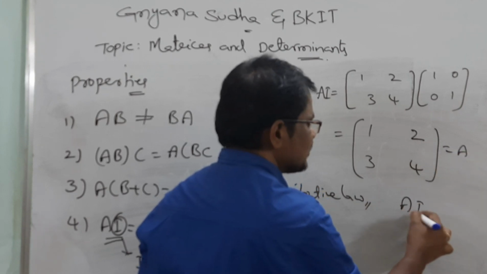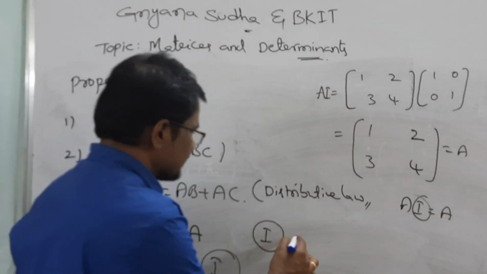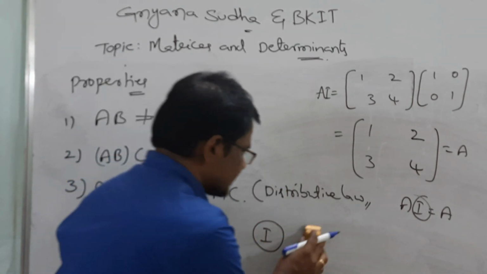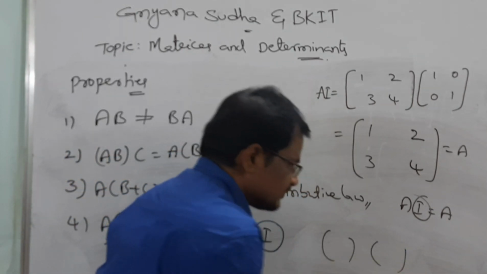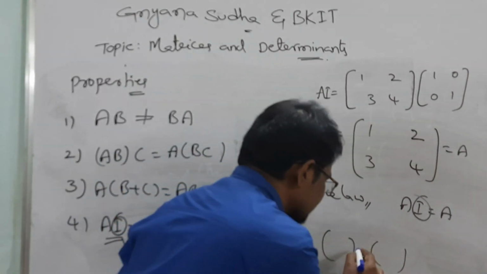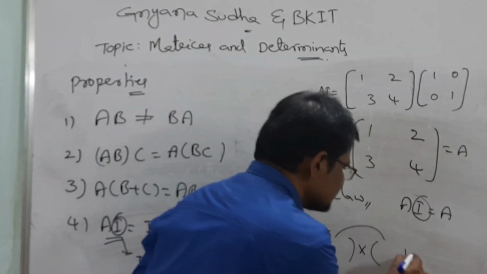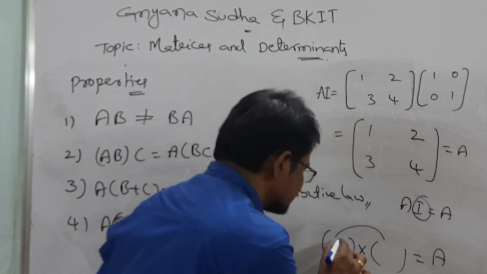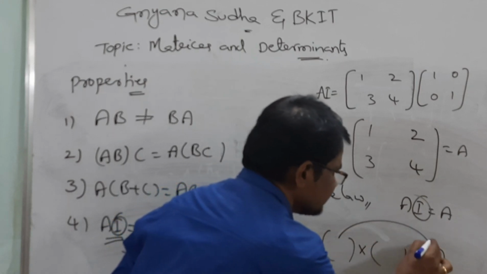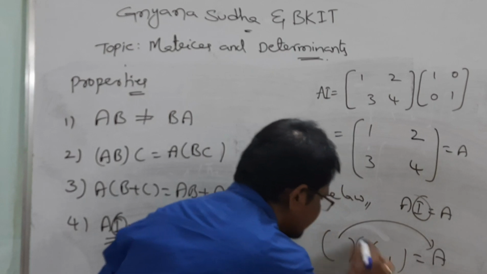So A into I equals A. Previously you observed addition; here it is multiplication, you are multiplying these two. If one of them, when multiplied, gives back the other, then it is the identity under this operation.